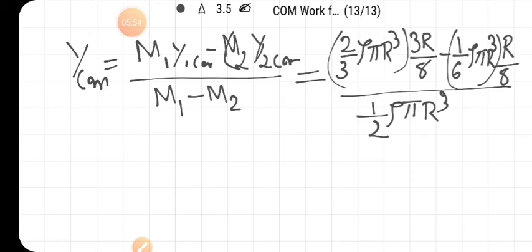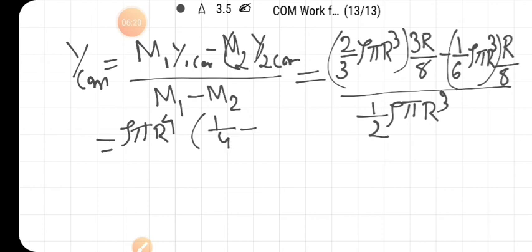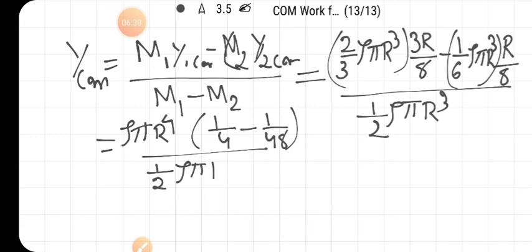You see, in the numerator we can take the 3 cancelled, rho pi r to the power 4 common. This is equal to 2 by 8, that is equal to 1 by 4, minus 1 by 48, divided by 1 by 2 rho pi r cube.